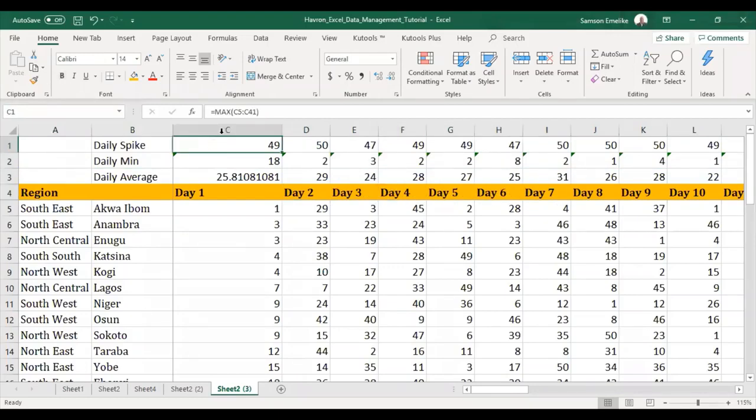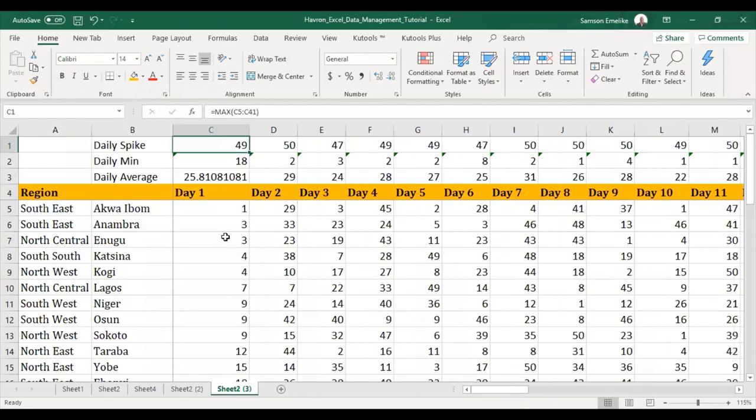And here, we use our maximum to tell us the spike, which state had the spike. What this is telling us is that the highest number is 49.